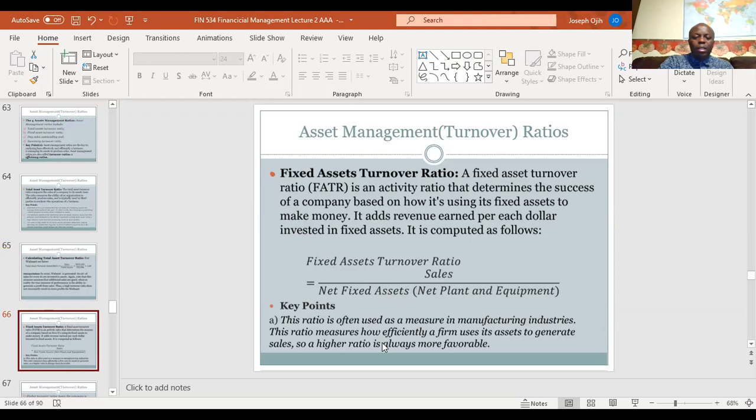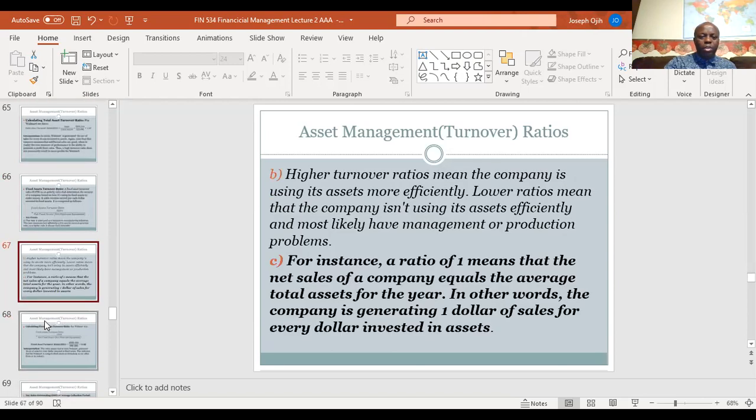We usually use this ratio for manufacturing companies, but that doesn't mean we cannot use it for the service industry. You can still use it for services, because services are also a part of production. Let's see how we use it. But before then, I want to explain one more thing.